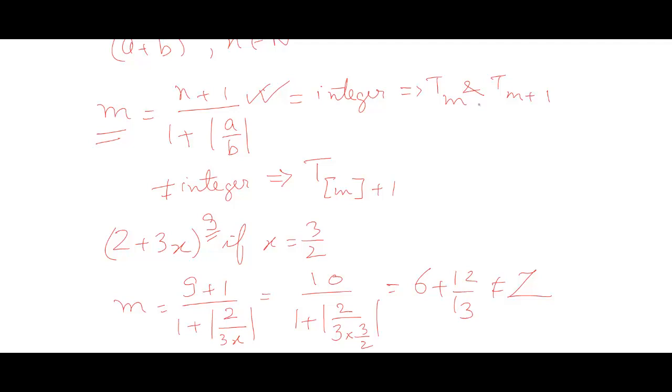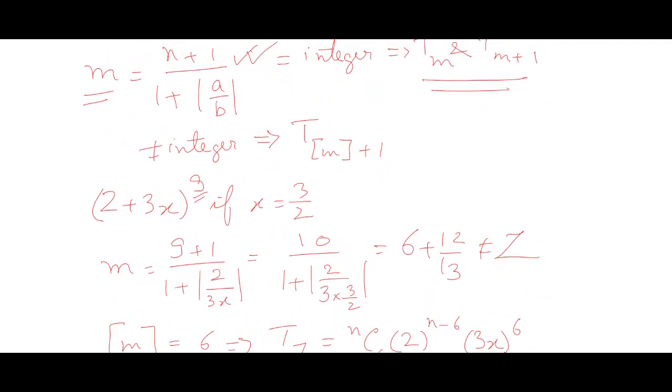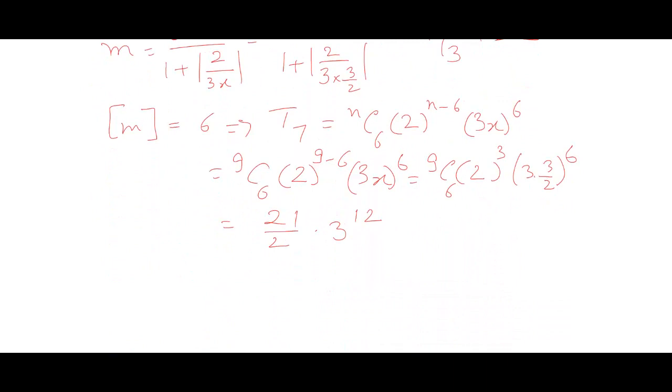If it is an integer, then there will be two numerically greatest terms, and if it is not an integer, then there will be one numerically greatest term, and that will be equal to t of the greatest integer function of m, plus 1.